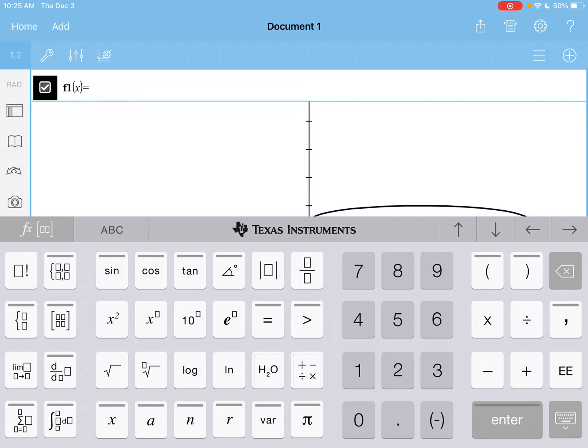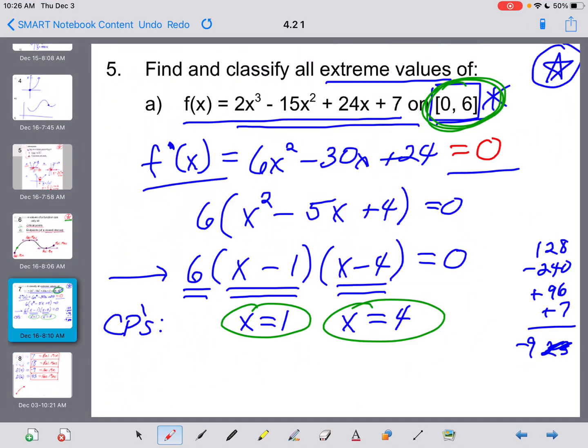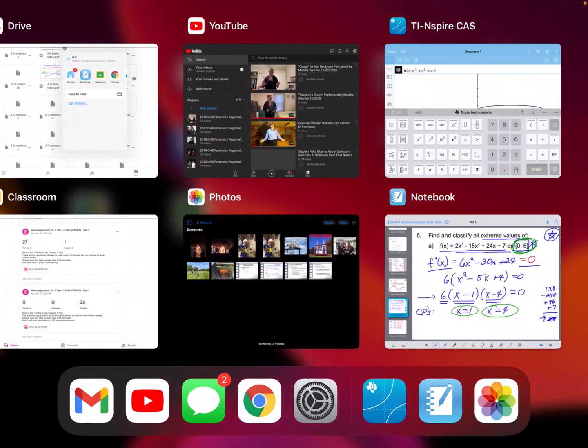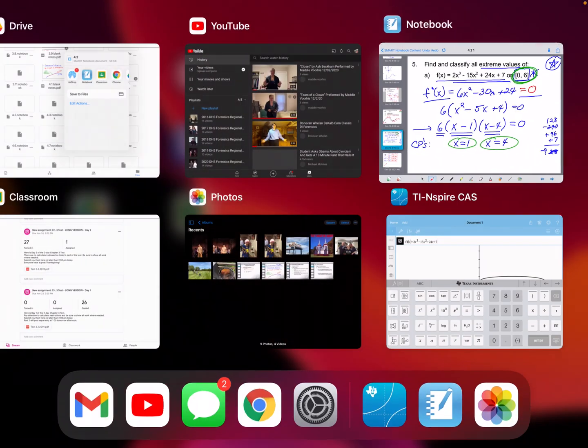And the function we were dealing with was 2x to the 3rd power minus 15x squared plus 24x plus 7. I think I should probably verify that, though. Plus 24x plus 7. Yeah, I think we got it.